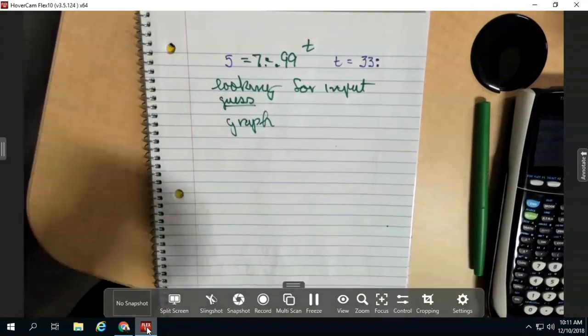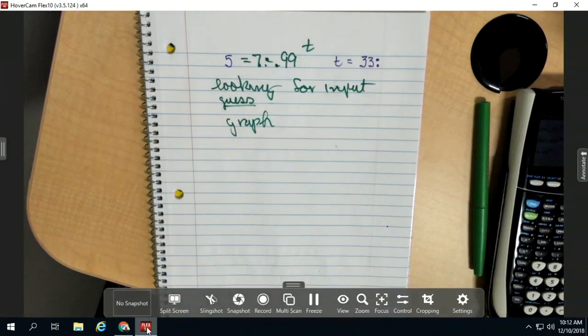I am not going to write 33.479. I'm going to change it into minutes and seconds. This is a test question. How do you change 0.479 into seconds? You take the 0.479, and what do you do to it? Times 60.